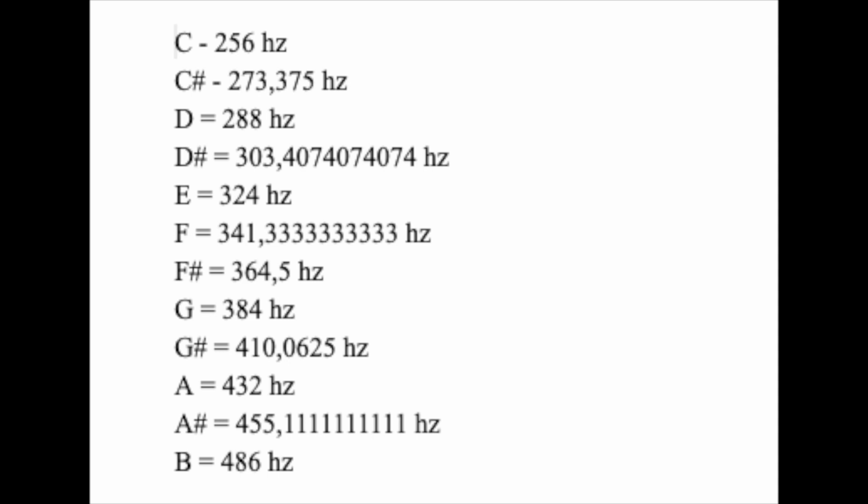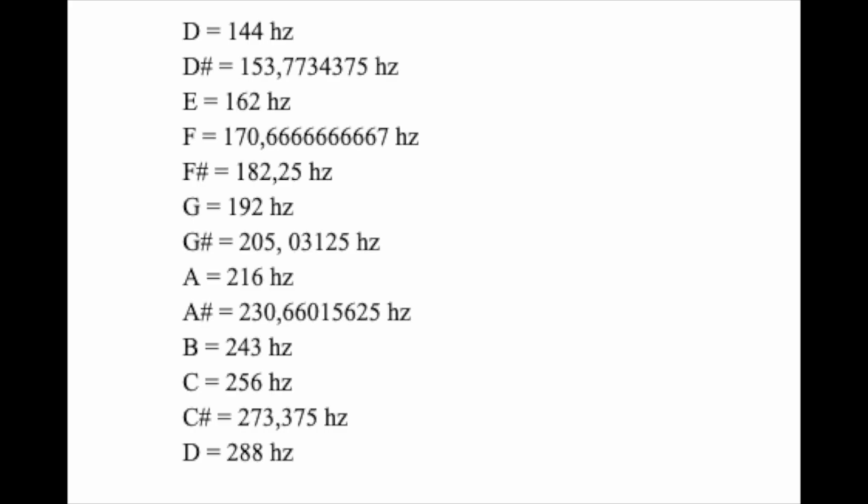And B 486, and the octave of the C again would be 512, of course. So as you can see, it's not exactly the same as the previous one, but it's pretty close, and many of the same numbers show up once again, and many of the sacred frequencies are represented.